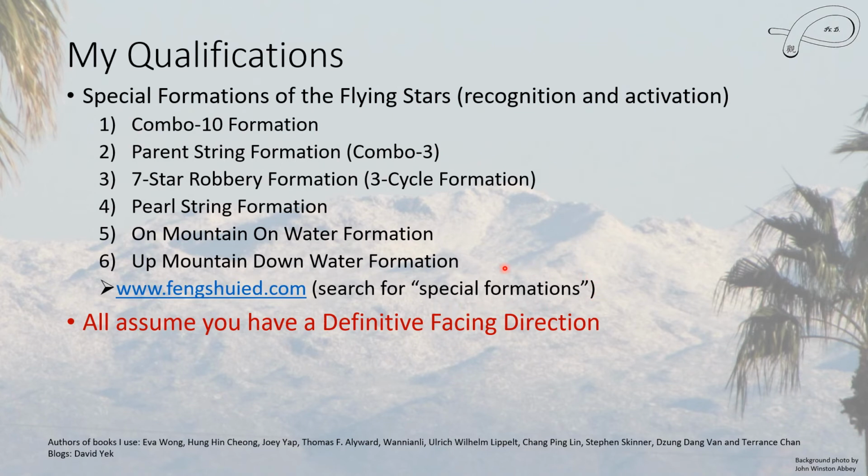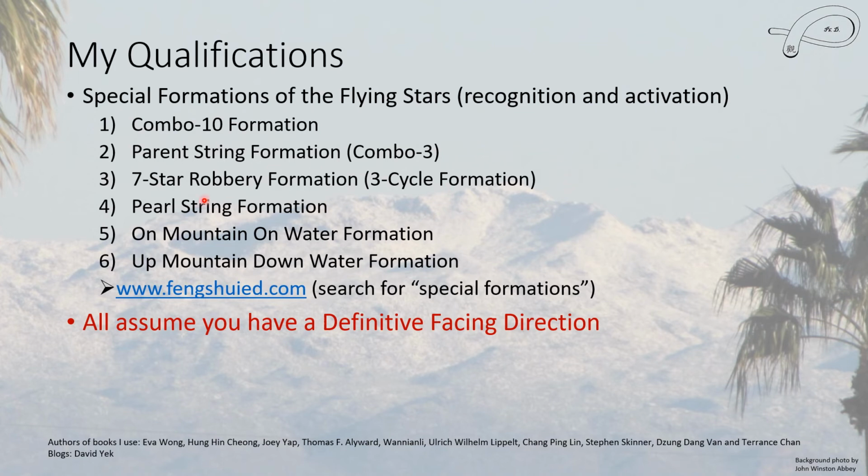If you type special formations in their search engine, the first thing that should come up is 8 special formations. The extra 2 are subformations of number 3. If you're reading somewhere and you see the term combo 3, that's the same thing as the parent string formation. In fact, Eva Wong uses the term combo 3.